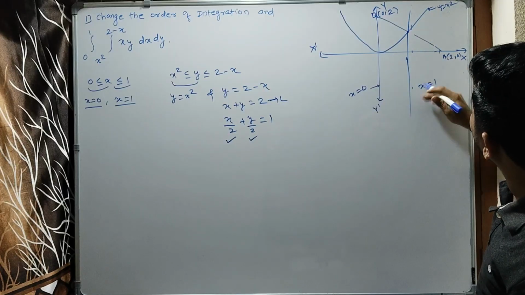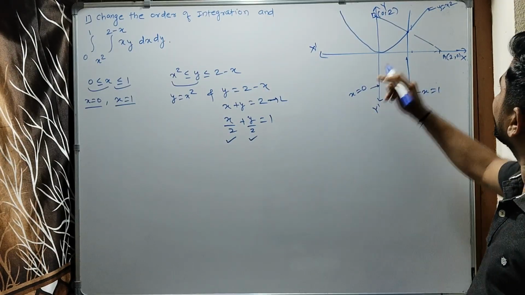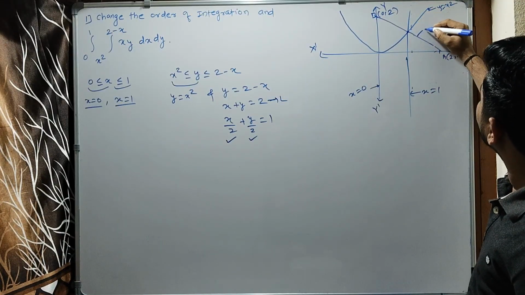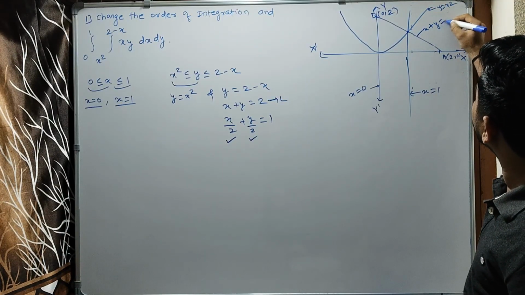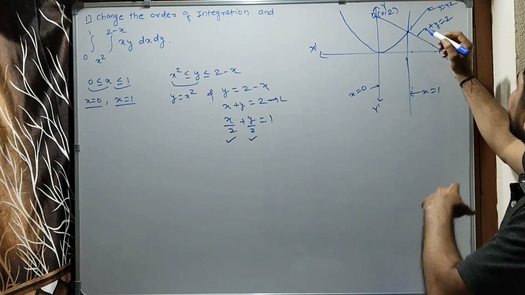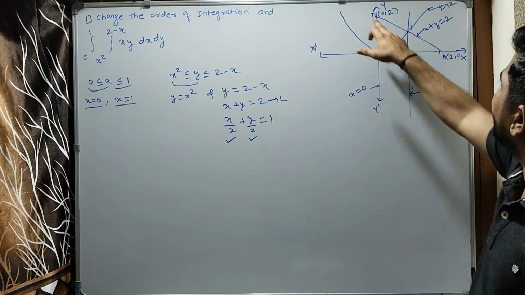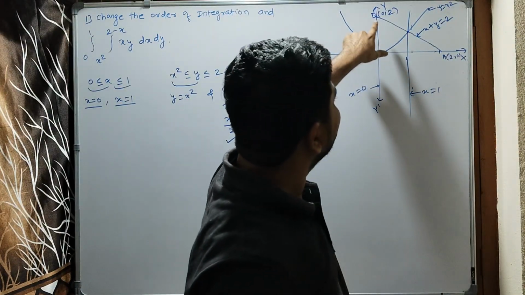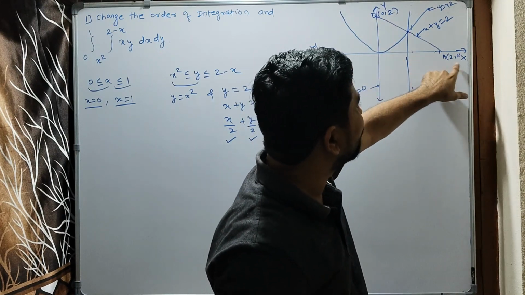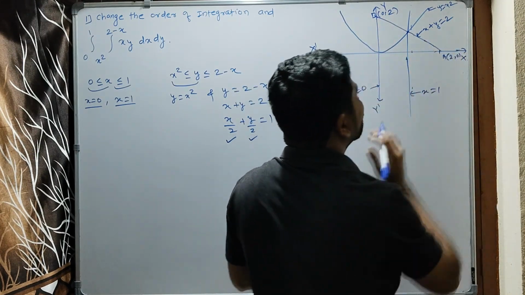So let's say this is x equal to 1, and x equal to 0, and this is the line. This line is x plus y equal to 2, passing through 2 points A and B. I have drawn the line which connects 2 points A and B with coordinates 0, 2 and 2, 0. The equation of the line is x plus y equal to 2.